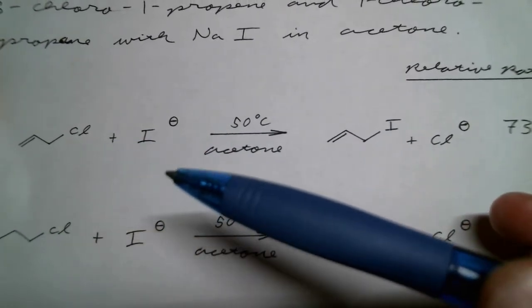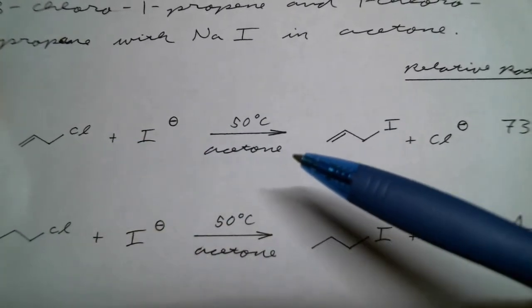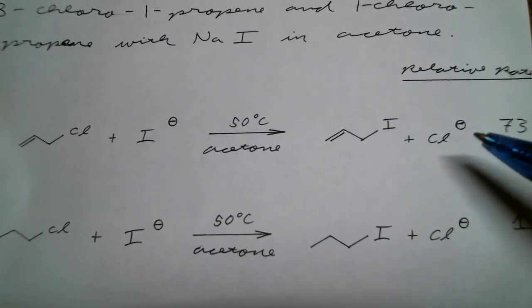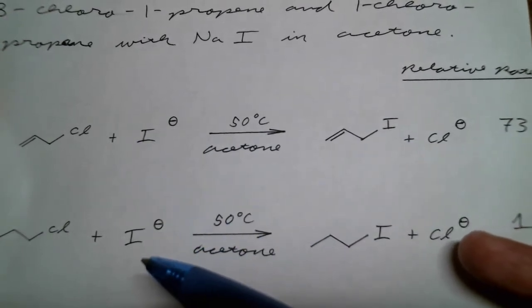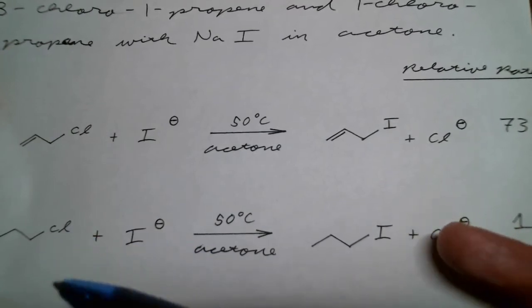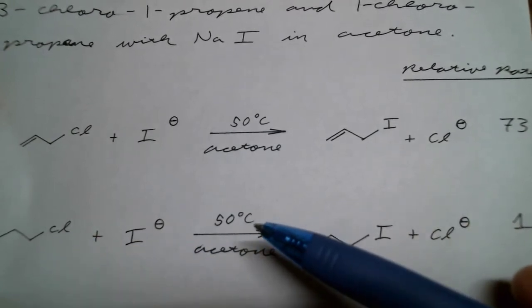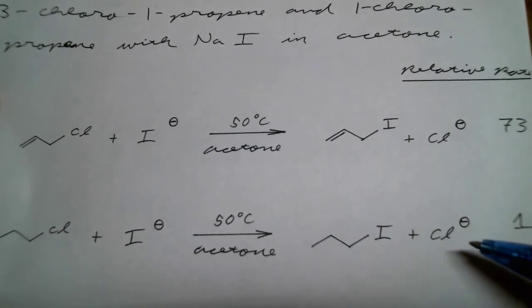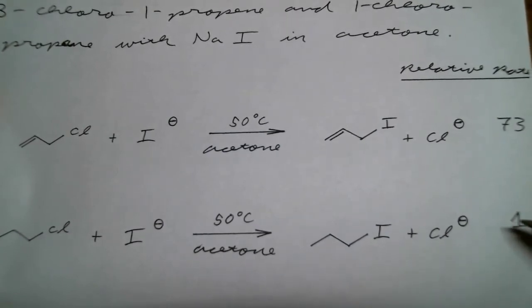For our allyl chloride with iodide at 50 degrees C in acetone forming allyl iodide and chloride, our relative rate is 73, versus an SN2 reaction of iodide with 1-chloropropane at the same temperature, 50 degrees C in acetone, to form 1-iodopropane and chloride. We set that at a relative rate of 1.